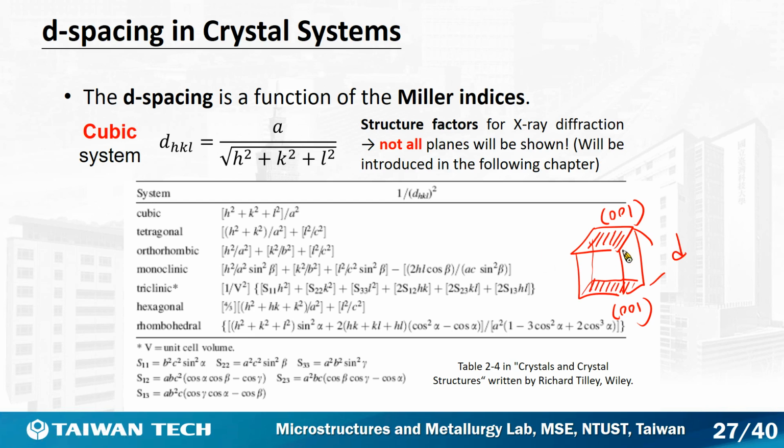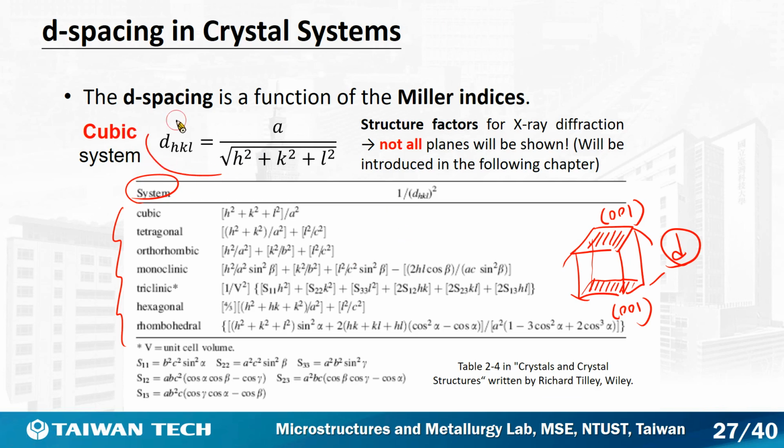There is a D-spacing length here. This is for cubic, right? It looks like a cubic, but for different crystal systems, as you can see here, the D-spacing has different equations.